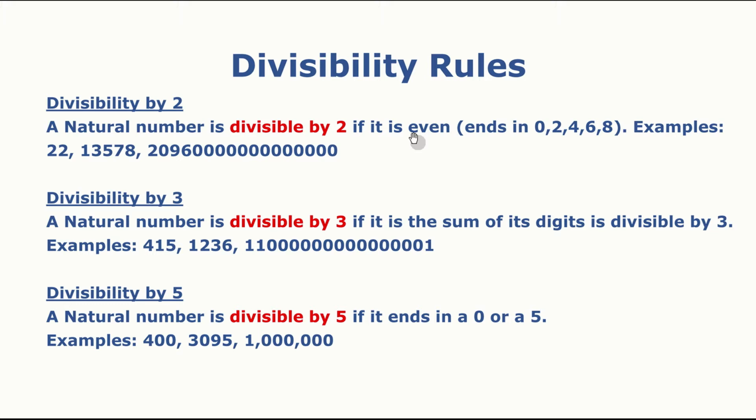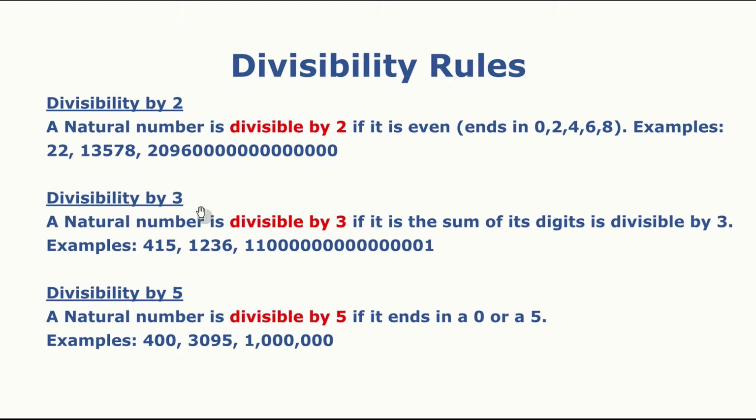As simple as that. Now, another way of saying even is that it ends in a 0, a 2, a 4, a 6, or an 8. So here are a few examples of numbers that are divisible by 2. What do they all have in common? They're even, right? They end in a 0, 2, 4, 6, or 8.